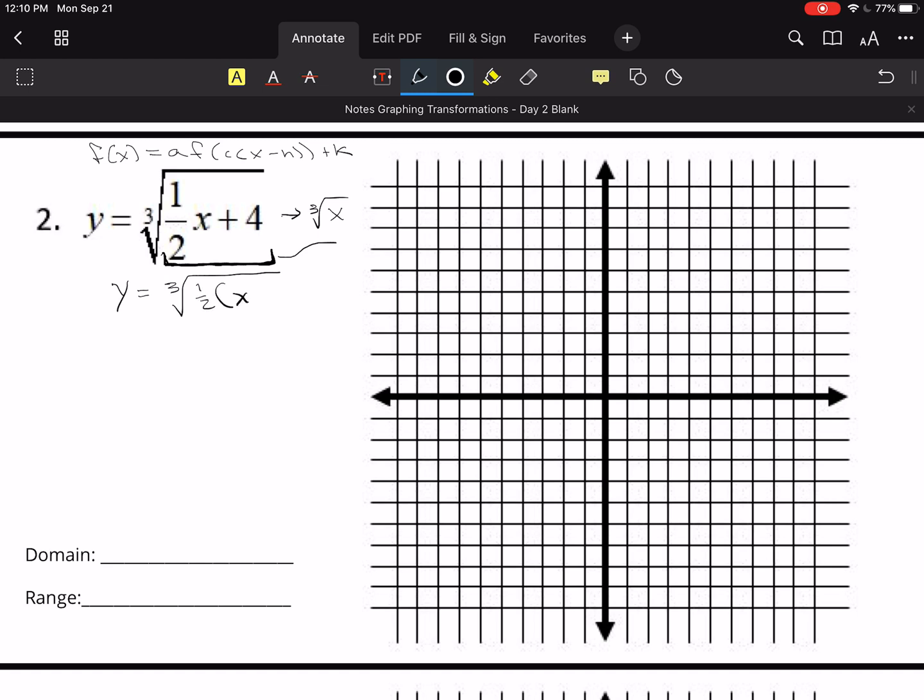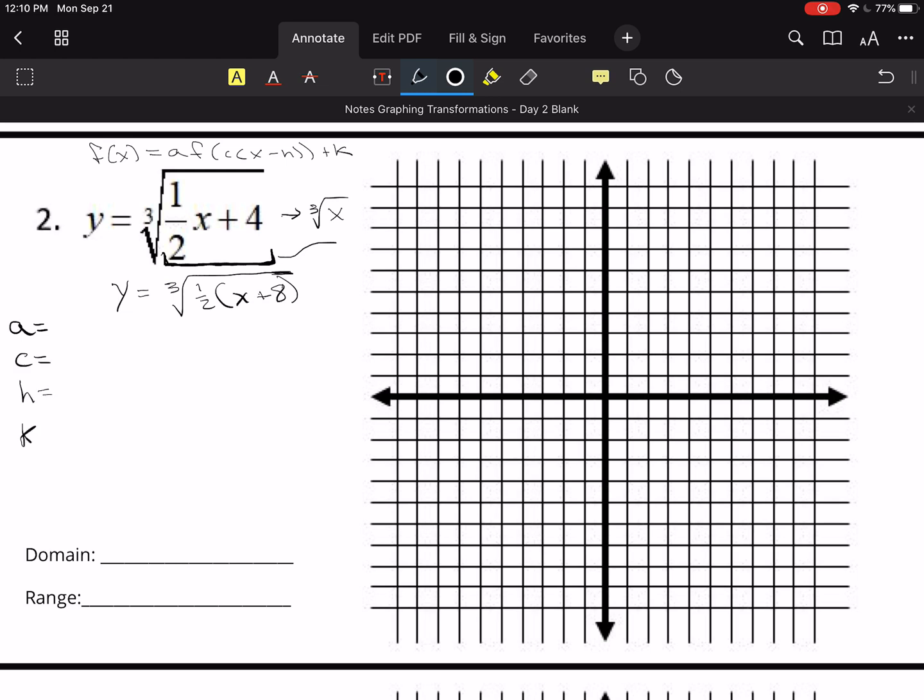Now, I'm taking 1/2 out. So if you think about distributing 1/2, what would I have to multiply 1/2 by to get 4? In that case, it would be 8. Okay, so there's my new function with that c value separated from everything inside.